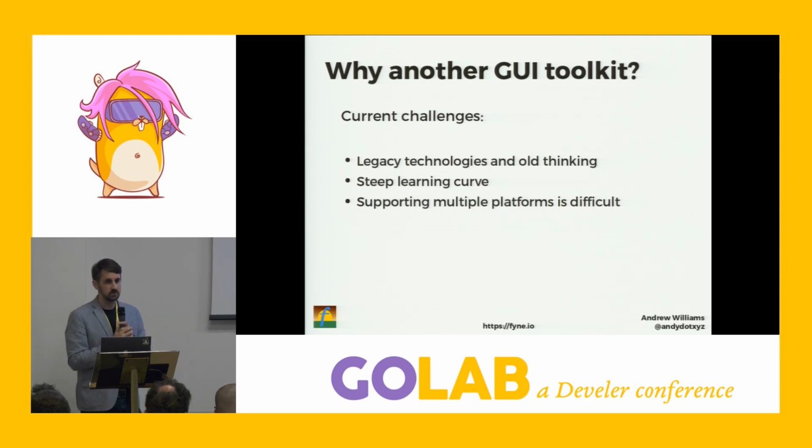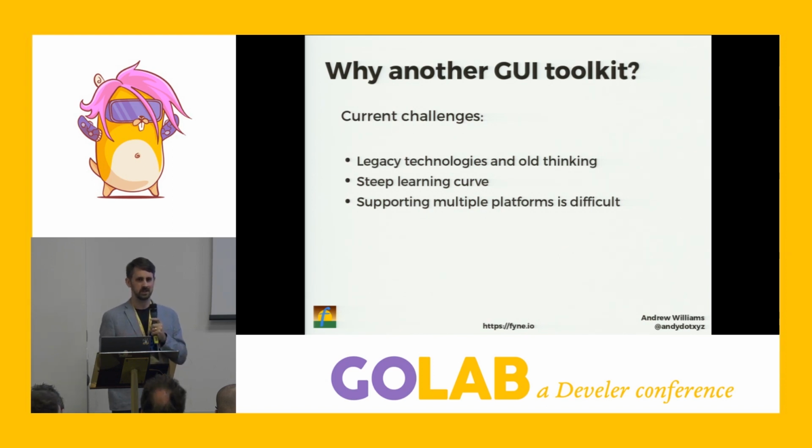The graphical toolkits that we know and love or hate are largely based on legacy technologies, thinking that might have been cutting edge or appropriate at the time, but the world has moved on. Thread management is the first thing that comes to mind. It's not really a problem that a huge number of people here are going to sympathize with, perhaps because Go has just done this so well.